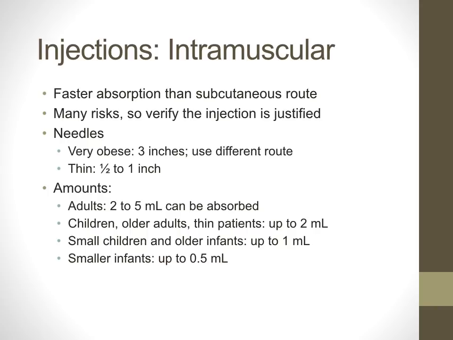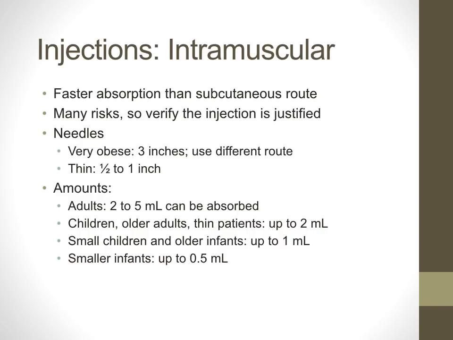Your needle length is going to be depending on the size of your patient and also using the location of the injection as well. So, for example, if you have a very fluffy person, a very obese person, a 3-inch needle may be appropriate, whereas your very thin individuals, a half an inch to a 1-inch needle may be appropriate.